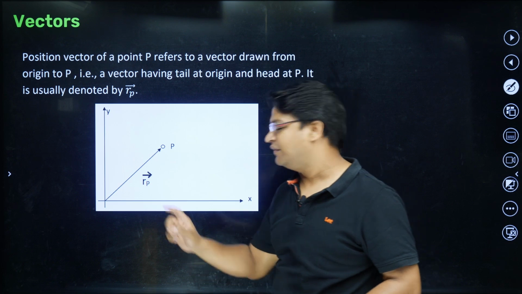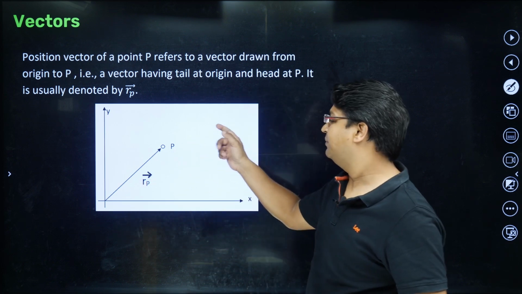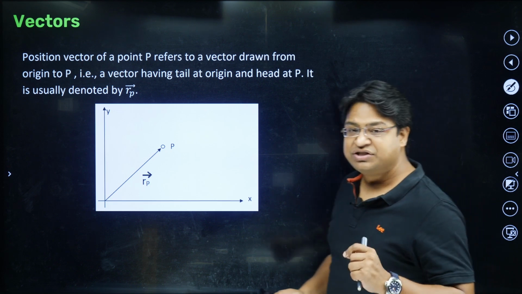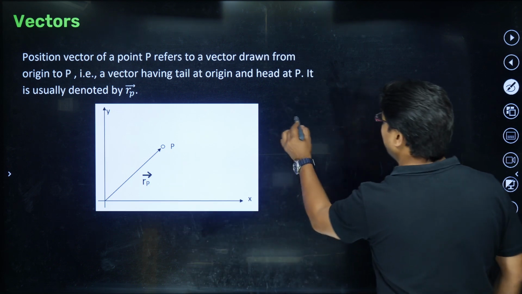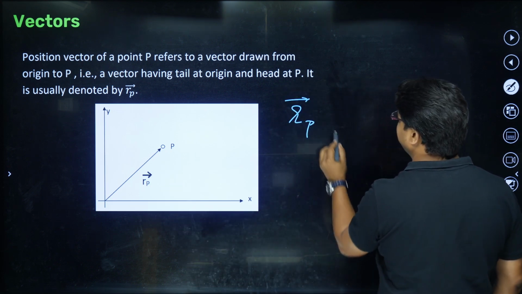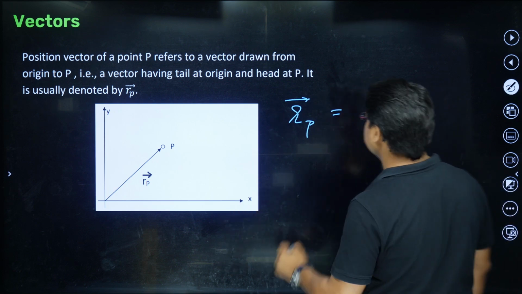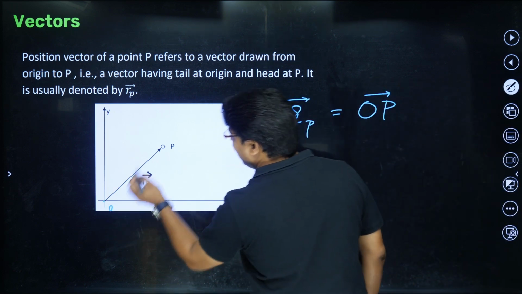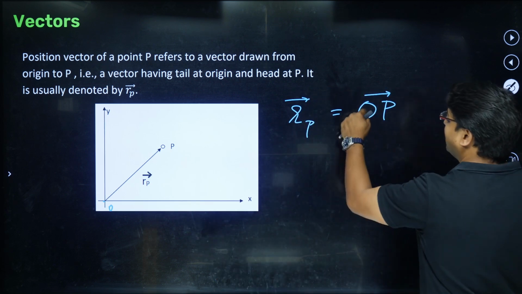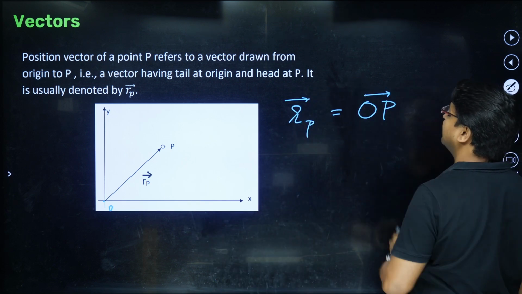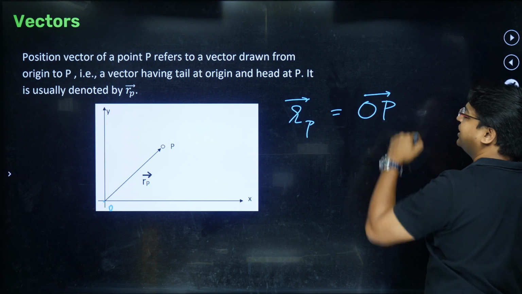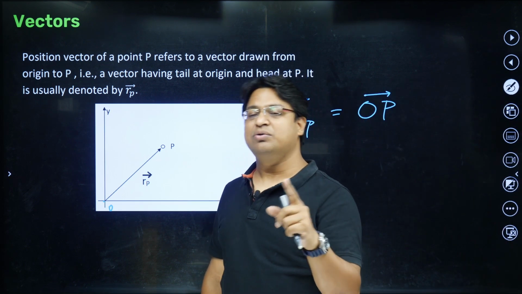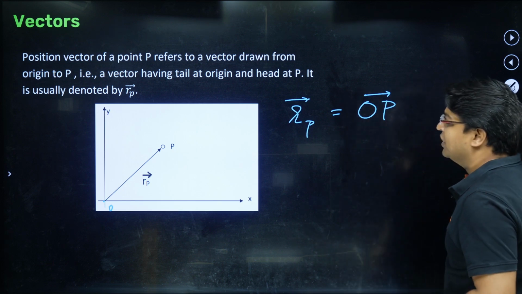The tail of the vector will be at the origin and the head of the vector will be at P. Such a vector is called the position vector of P. We generally represent it as R_P vector, R with a subscript P, or write it as OP vector, where O represents the origin and P represents the point. On top of O you see the tail of the vector, and on top of P you see the head. So OP vector means a vector whose tail is at O and whose head is at P.